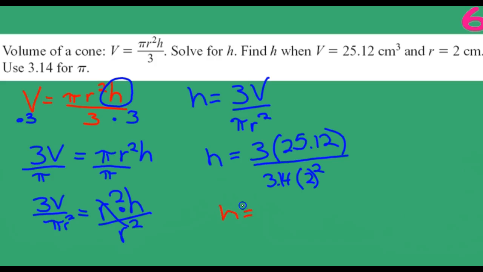H equals 3 times 25.12, which gives me 75.36, over 3.14 times 2 squared, which is 4.